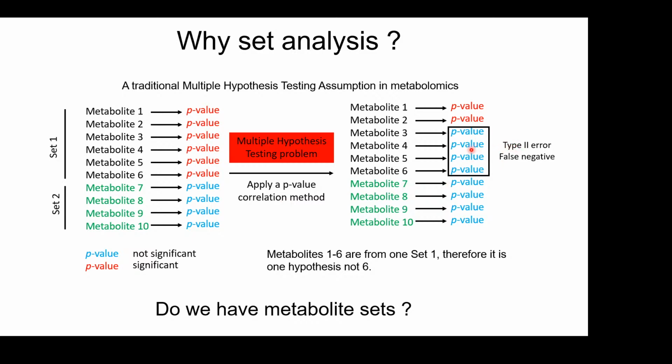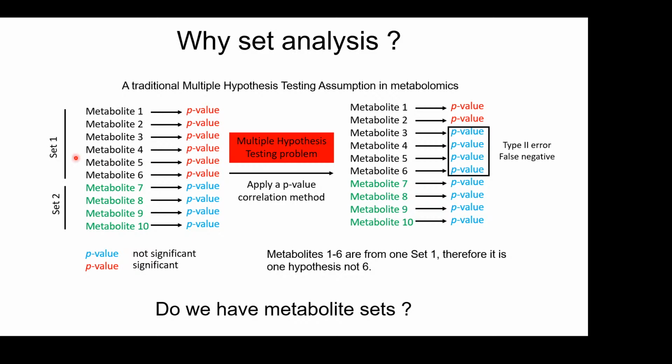If that is not true, meaning that after correction we converted truly significant metabolites into non-significant ones, red to blue, that is a type II error, a false negative. That also means we might have missed a biological insight, because we were assuming that each metabolite is a single hypothesis, which is not the case.